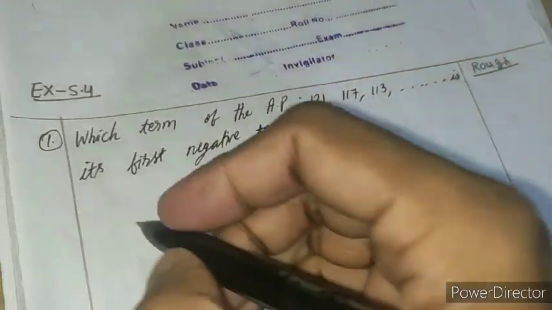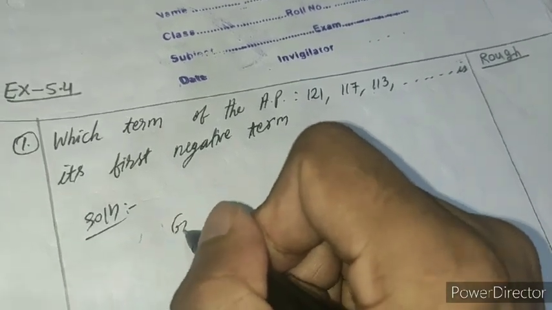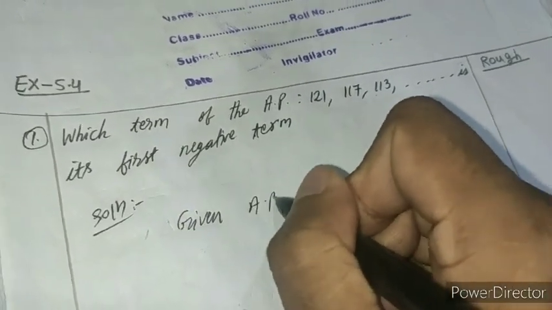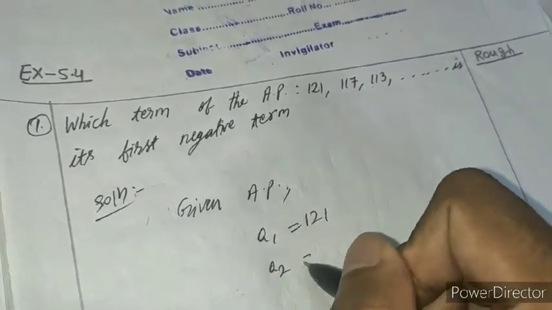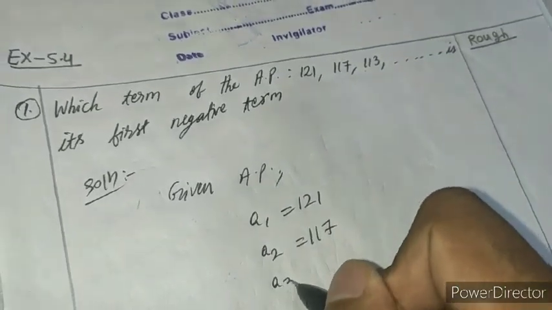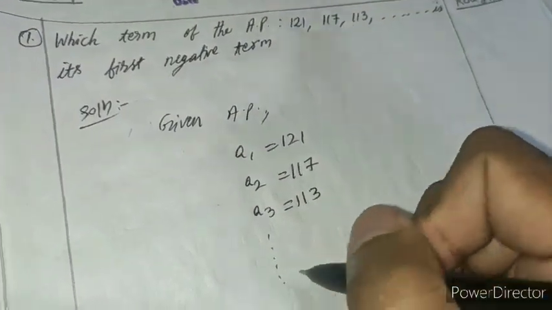Now students, let us write the solution. What is the solution? Given AP: A1 is equal to 121, A2 is equal to 117, and A3 is equal to 113, and so on.